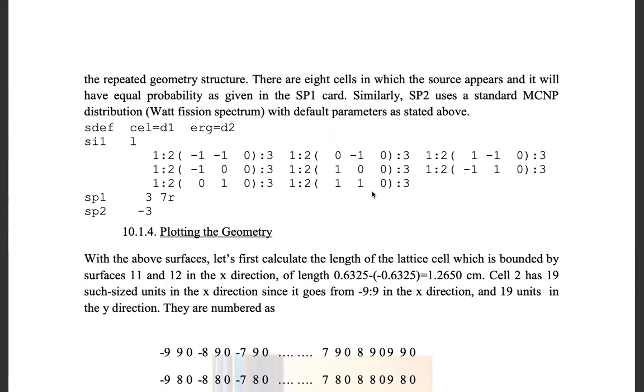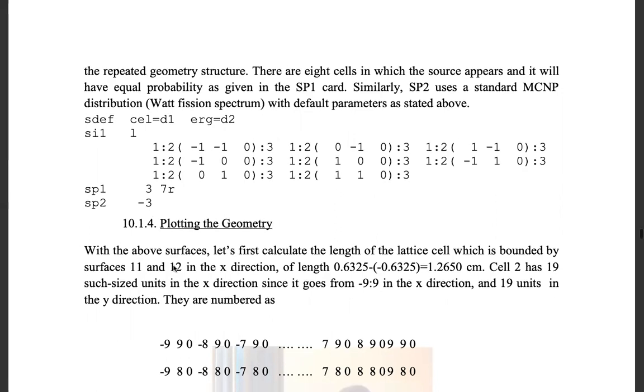So my source is distributed in, and these are pointers to a physical cell, cell 1 inside cell 2 inside 3. This is how we define the sources, and this is the probability, these are 8 numbers. The number 3 is repeated, once over here and 7 times repeated, so you've got a total of 8 numbers for these 8 positions. SP2 is a source probability. -3 is the keyword for a Watt spectrum.